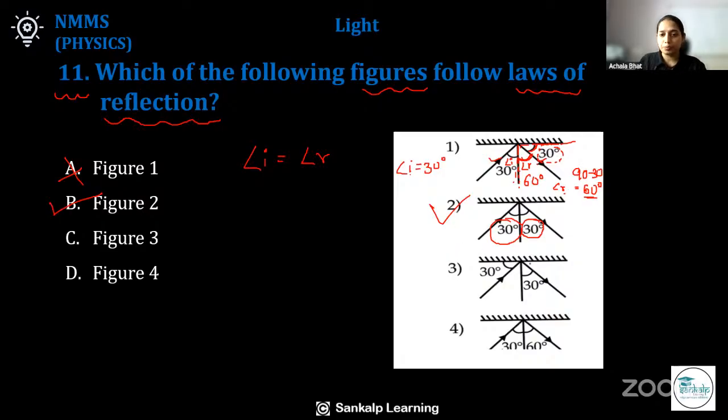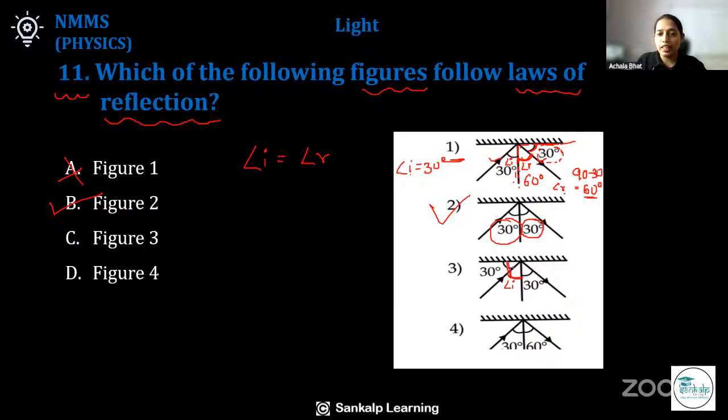Third one here. What will be the angle of incidence? Similar to the first figure, how to find out angle of incidence here? This is 90 degree total.